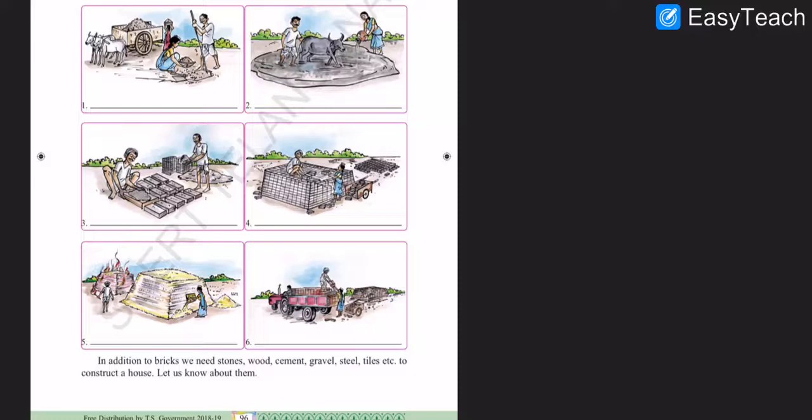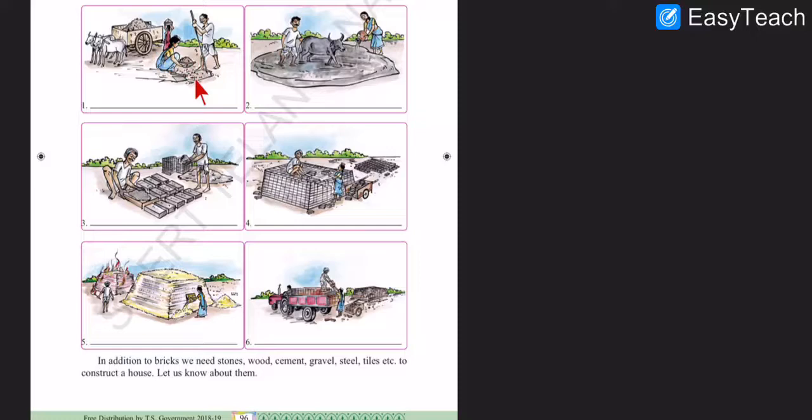So in the first picture, you can see the person is collecting clay and removing the stones, small pebbles.